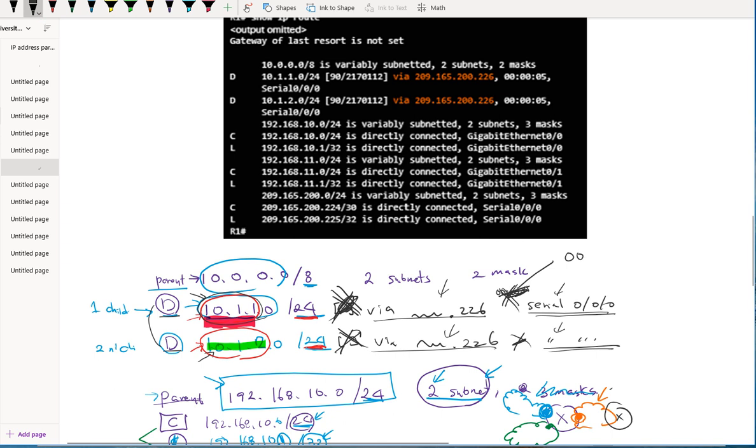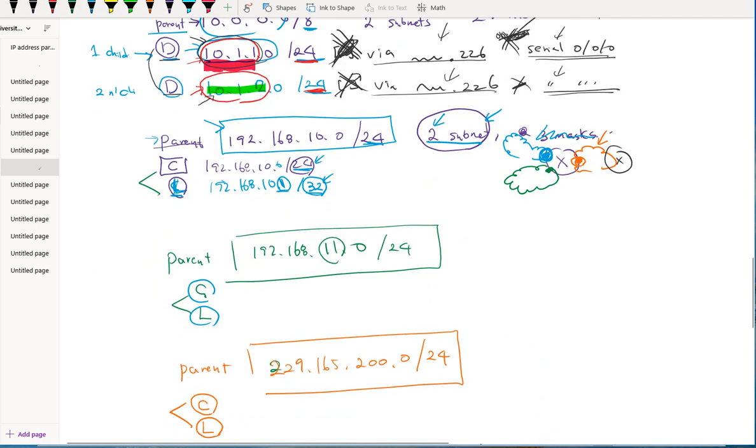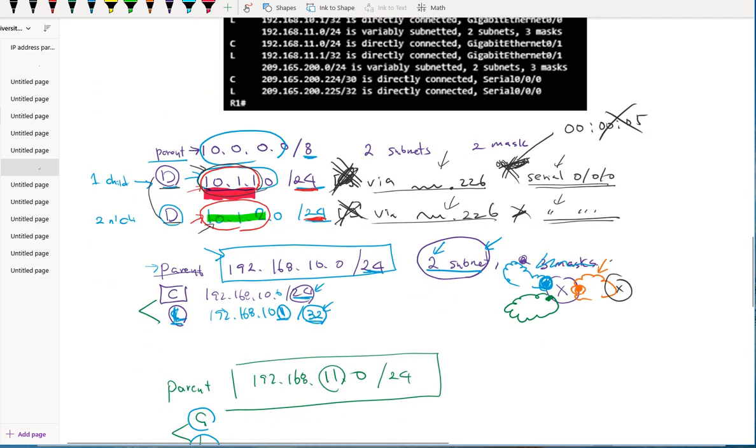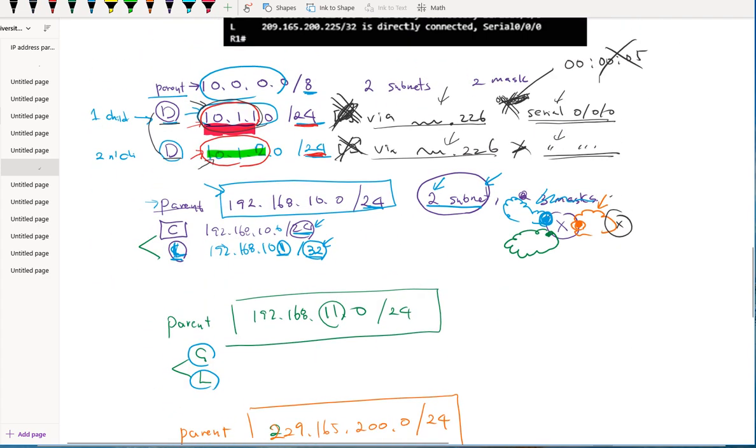I don't care. And for the C and L entries, for the parent, this is important, but don't worry about the number of masks, the 3 masks or 5 masks. Don't worry, but this information is important, along with the IP address. Okay. So any question?